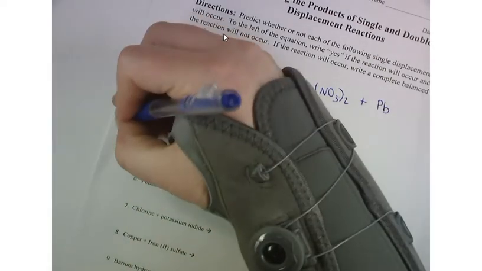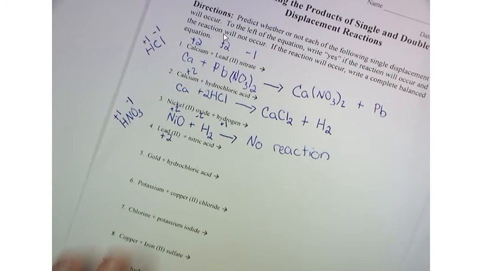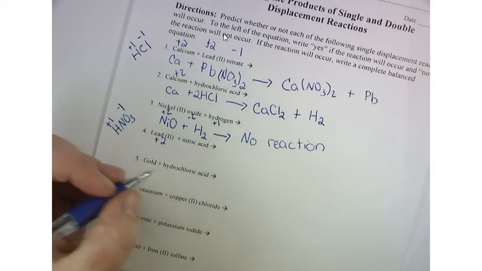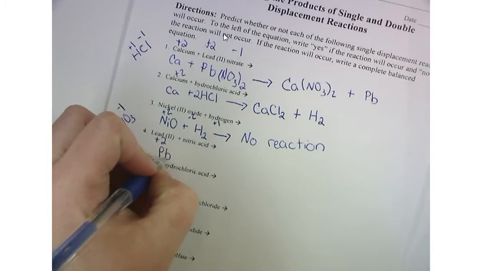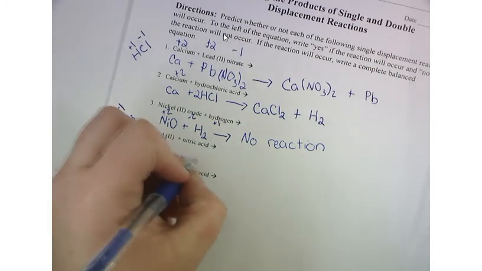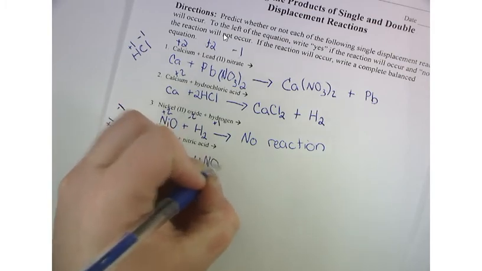Our H is going to be that +1. Our nitrate will be that -1. So it's basically nitrate with a hydrogen on the front end. So in this case, we have Pb plus HNO3.